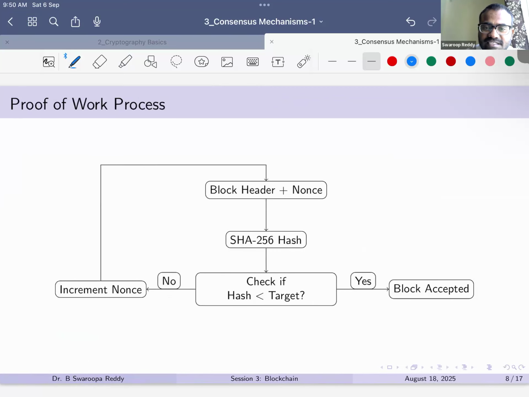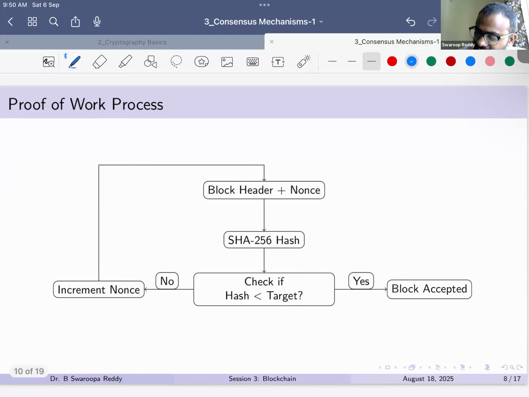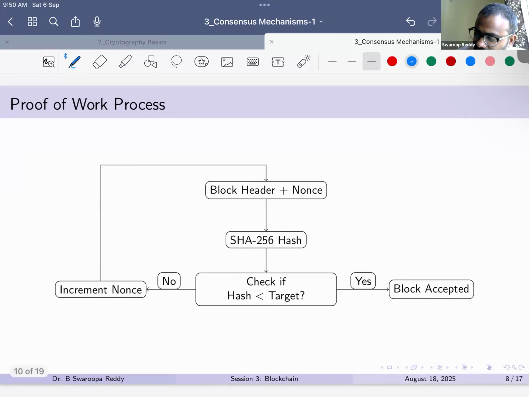So this is the entire mechanism which we have already discussed in terms of a block diagram. We have the block header plus nonce. A block header consists of the nonce value. Here it will be a double hash, not a single hash. The double hash will be calculated with this input value. Then it will check whether that hash value is less than the target or not.